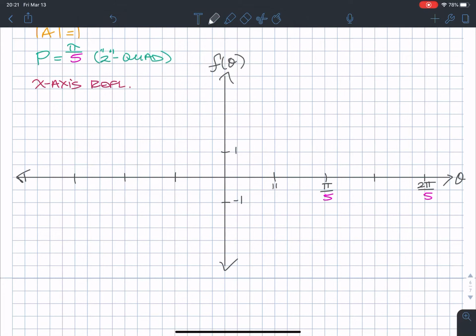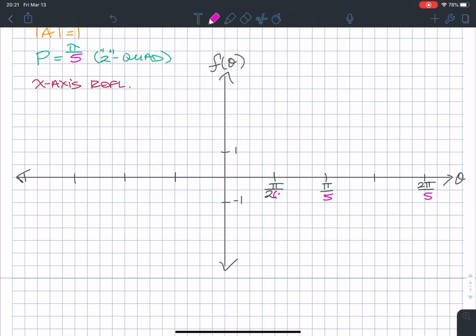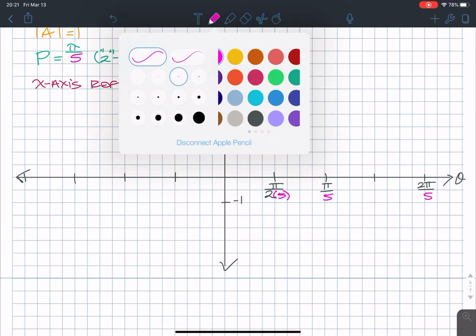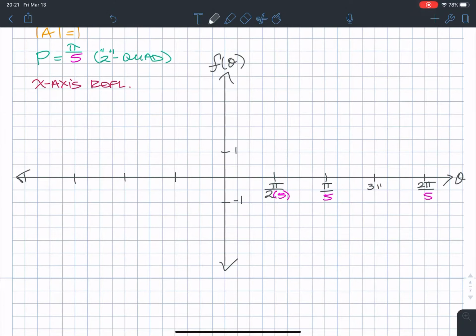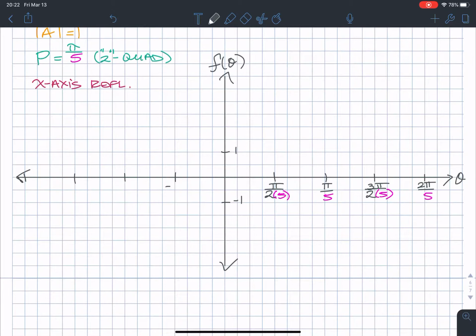And this would be pi/2, which we're dividing by 5. And 3 pi/2, which we will divide by 5 as well. Those correspond respectively to negative pi over 10, negative pi over 5, negative 3 pi over 10, and negative 2 pi over 5.